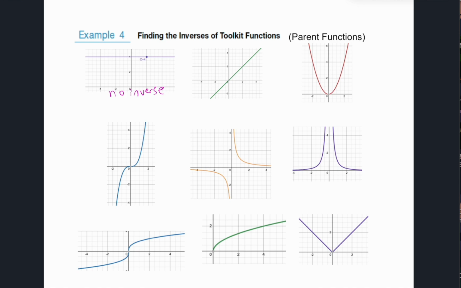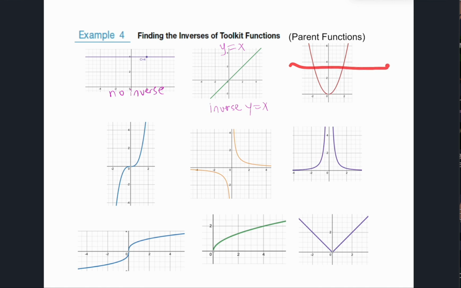Our identity function is its own inverse. So this is the function y equals x. Its inverse is y equals x. That's very unusual for that to happen once in a while.